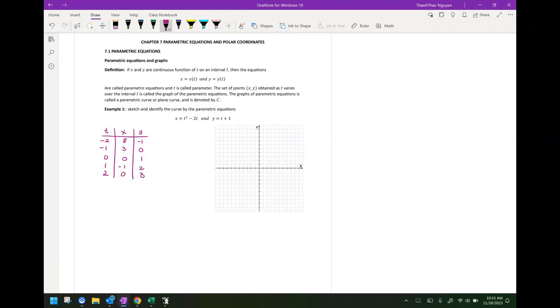We go ahead and plot this point on the graph. Let's pick one more point.